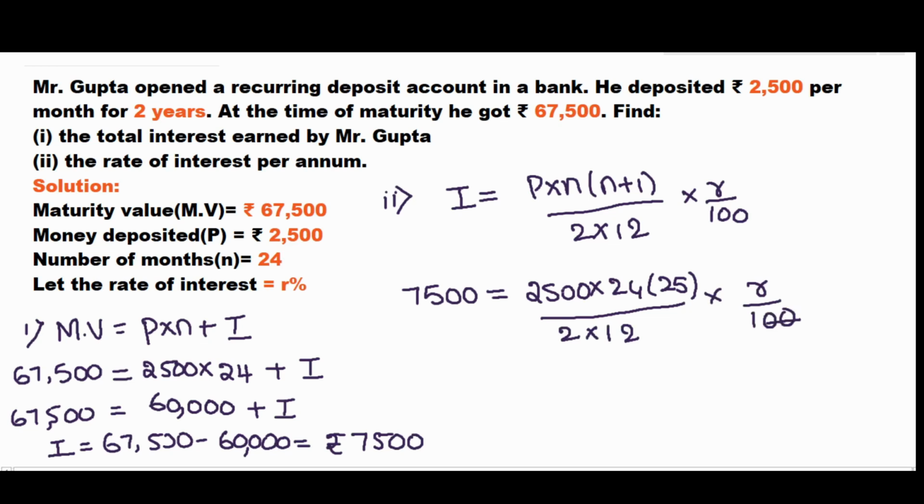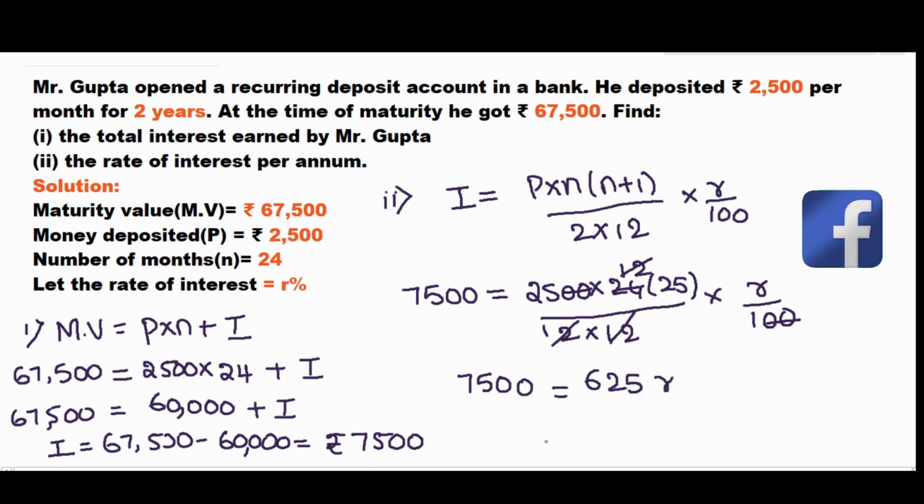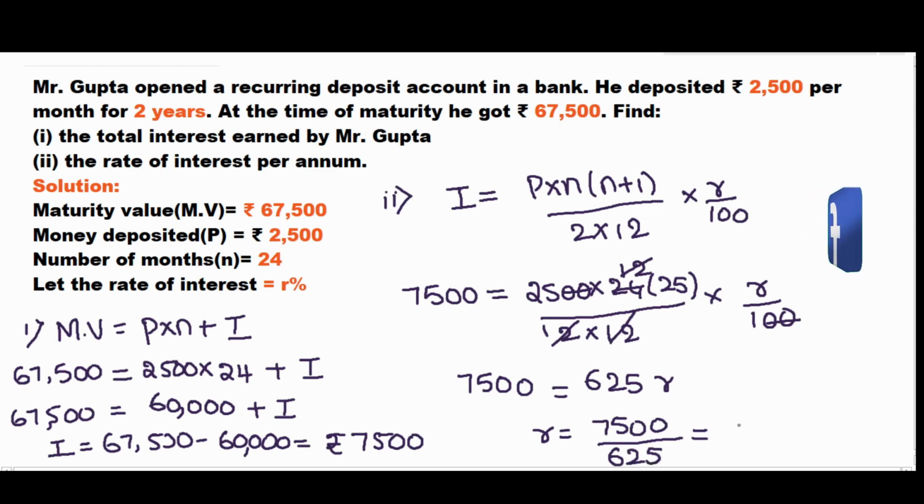The 2 zeros get cancelled with the 2 zeros, and 12 and 12 get cancelled. So I get 7,500 equal to 25 into 25, which is 625, into R. So R is 7,500 divided by 625, which is 12%. Therefore, the rate of interest is 12%.